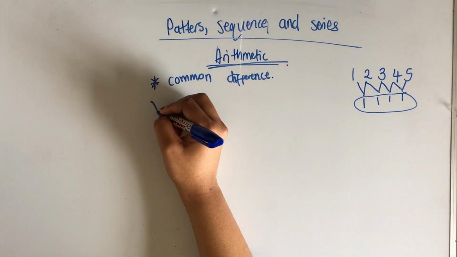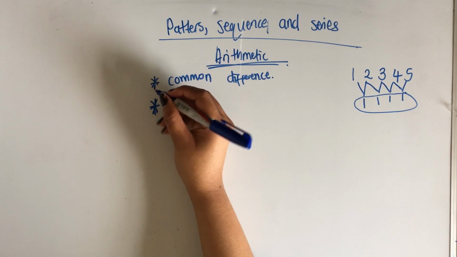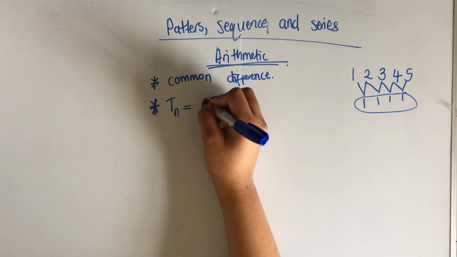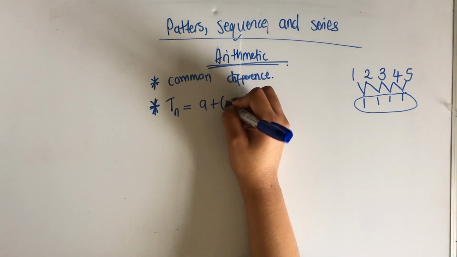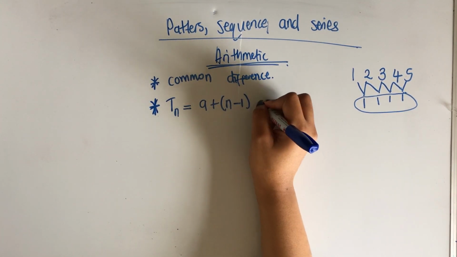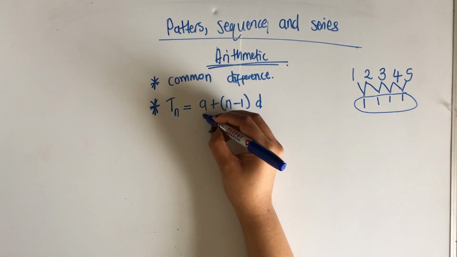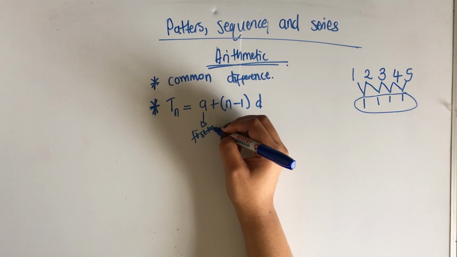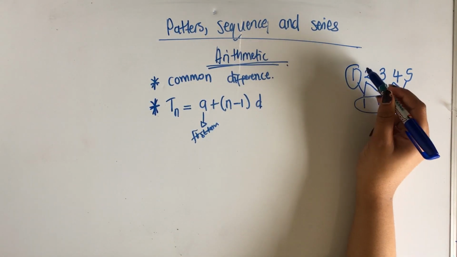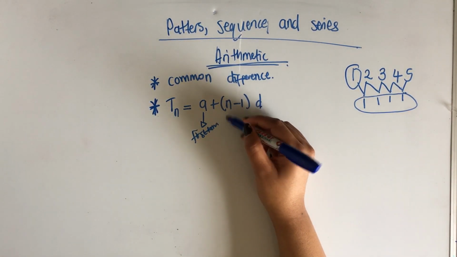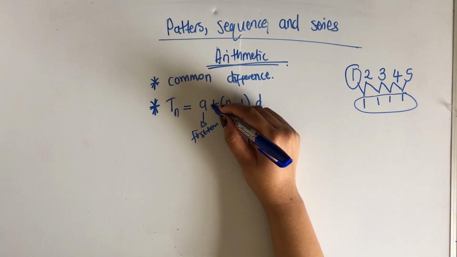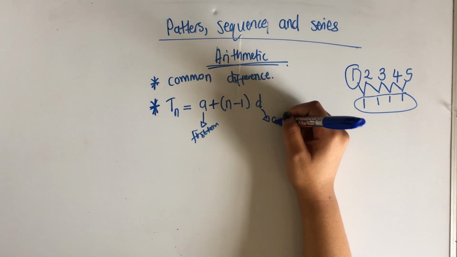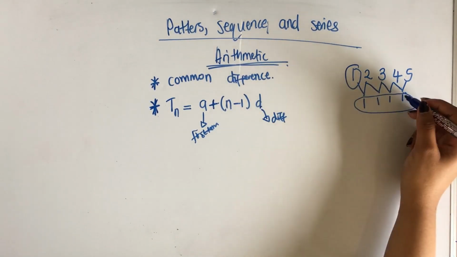Again, you might be asked to find the general term. This is how you find the general term: Tn equals a plus (n minus 1) multiplied by d, where a is your first term, being 1 in this case, n is the term number that you're looking for, and d is your difference, which is 1 here.